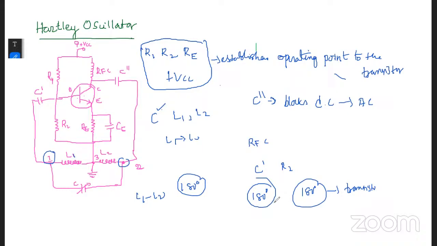Therefore, this 180 plus 180, a total phase shift of 360 degrees, or 0 degrees, makes the feedback positive or regenerative, which is essential for oscillations. Otherwise you will get continuous undamped oscillations. Okay, so this is the circuit operation.